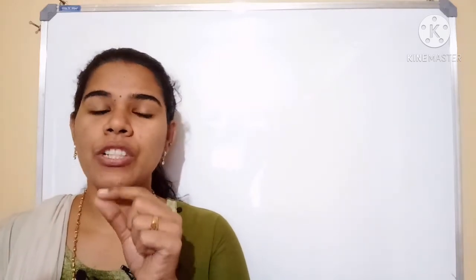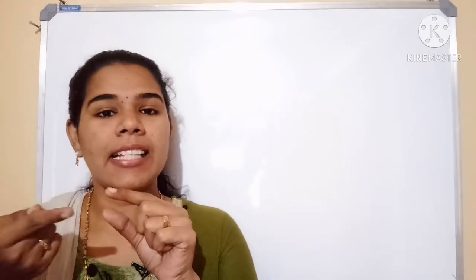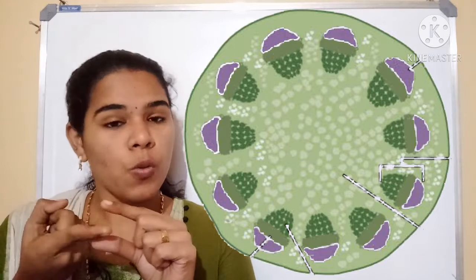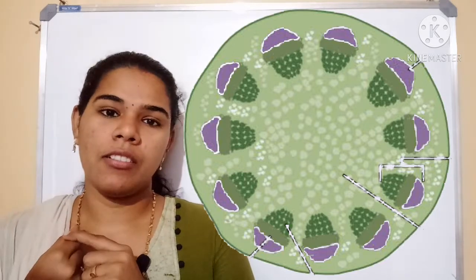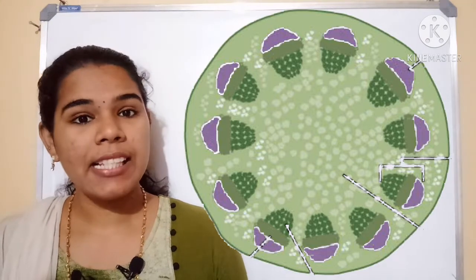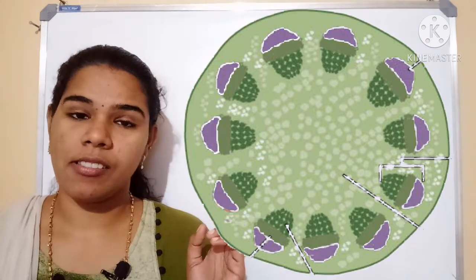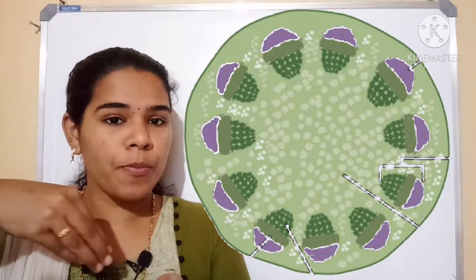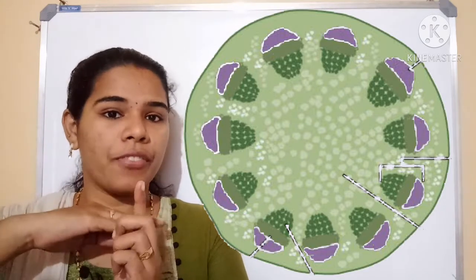When we take a stem, take a CS, which means cross section of the stem, and observe it under a microscope, we can see it like this. That is the cross section of the stem.